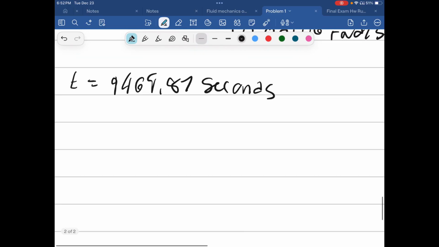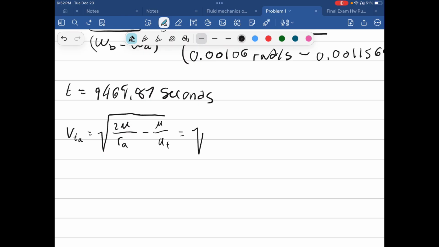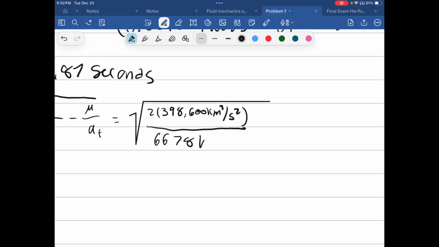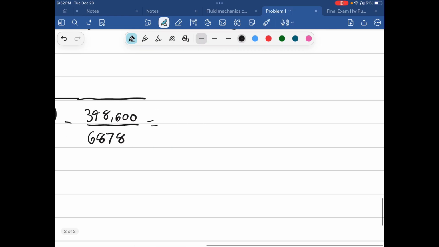So we know from our equation that V of transfer orbit at point A equals the square root of 2 mu over R_A minus mu over A, the semi-major axis of our transfer, equals square root of 2 times 398,600 kilometers cubed per second squared over R_A, which was 6,678 kilometers, minus mu again, and then we have A, which we calculated to be this, all over the square root.